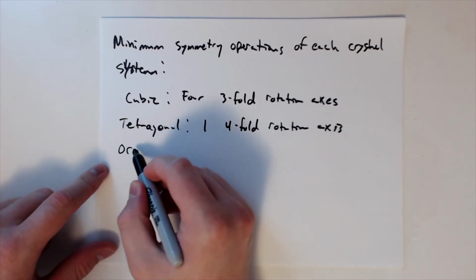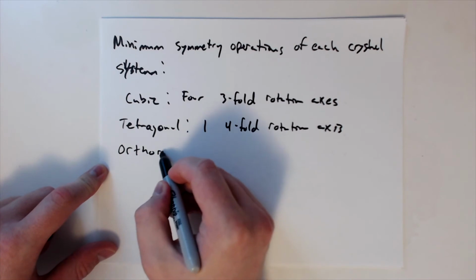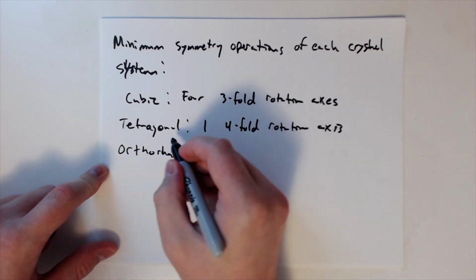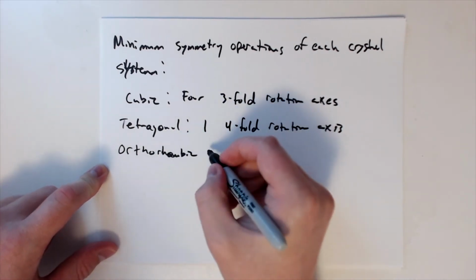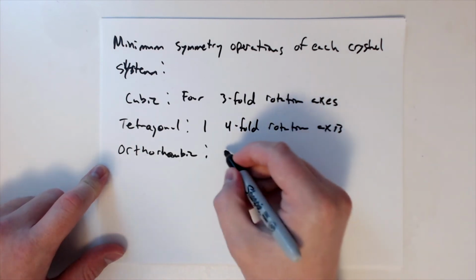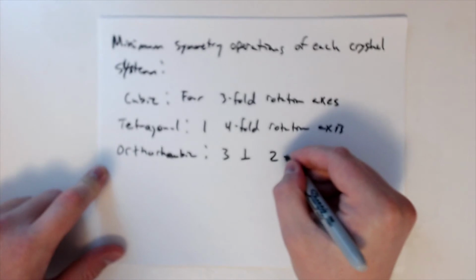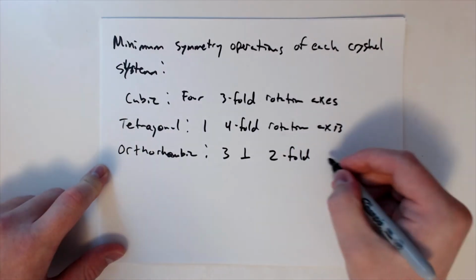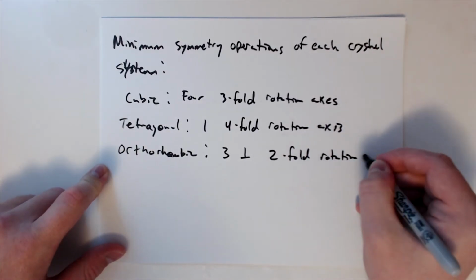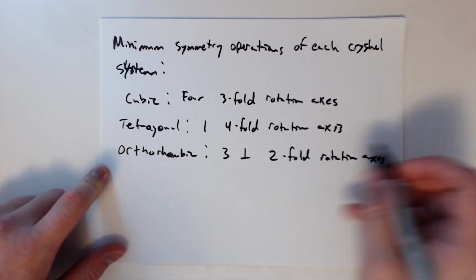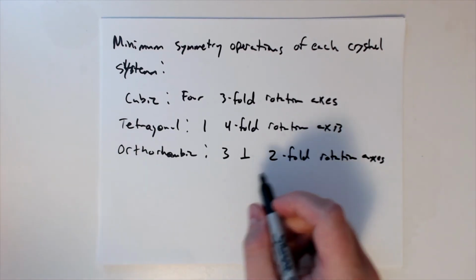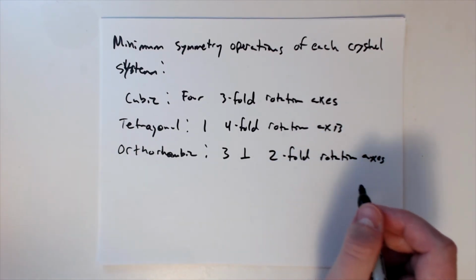Orthorhombic has 3 perpendicular 2-fold rotation axes. So it has at least 3 perpendicular 2-fold rotation axes.